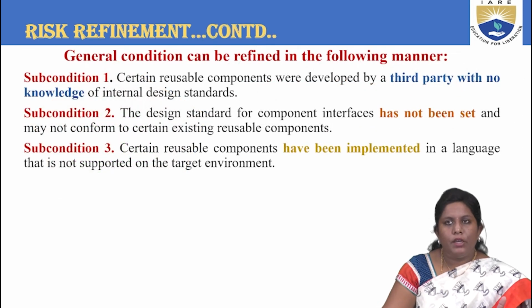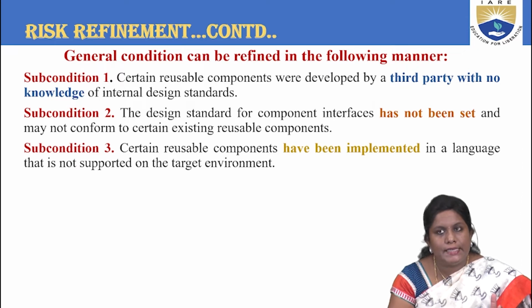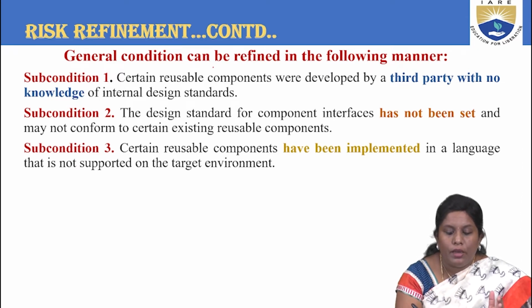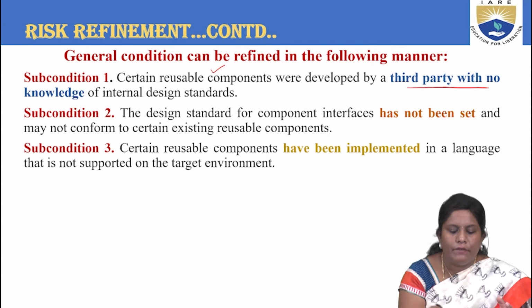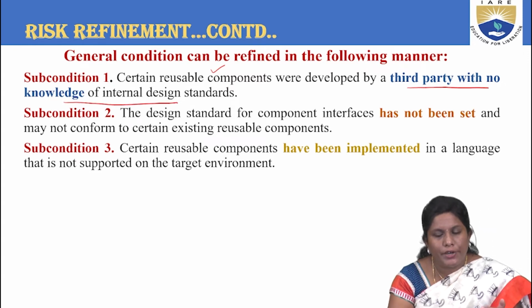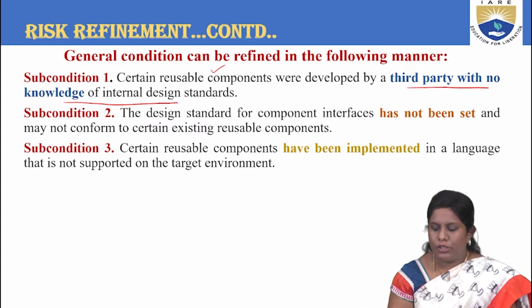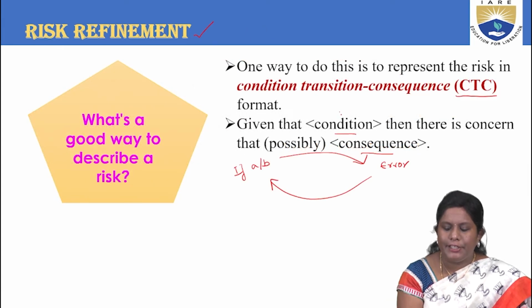Next. For that, there are some general conditions that have been stated. What are the general conditions? It is nothing but you are trying to use some reusable components where there was third party involvement with no knowledge of the internal design standards. So these are general conditions that have been designed for refinement. So we have the CTC format which states the condition and its consequences.